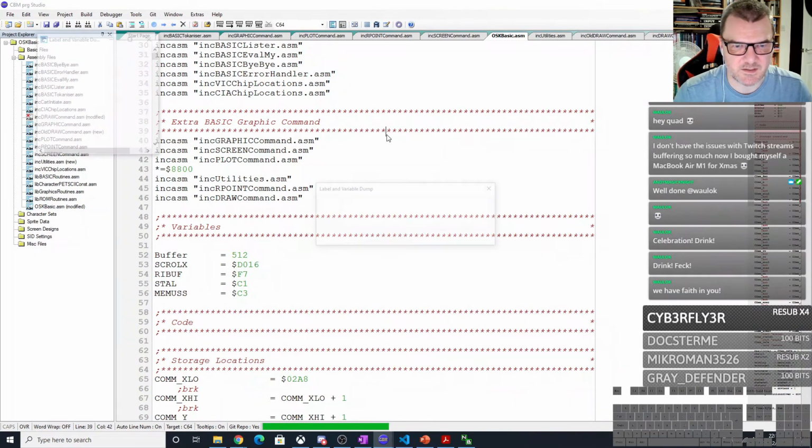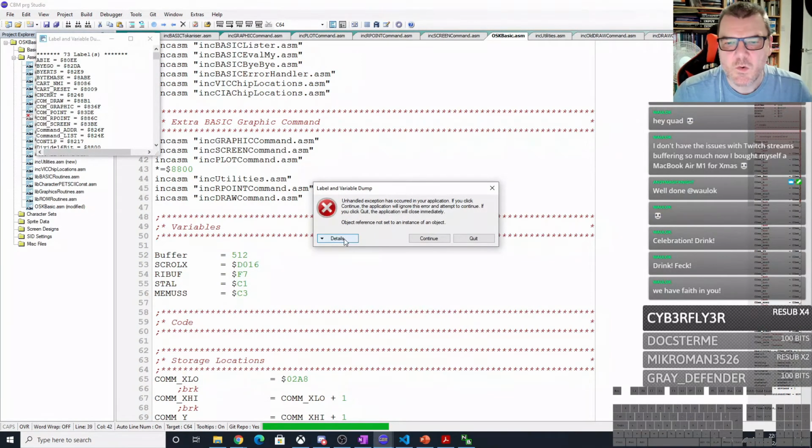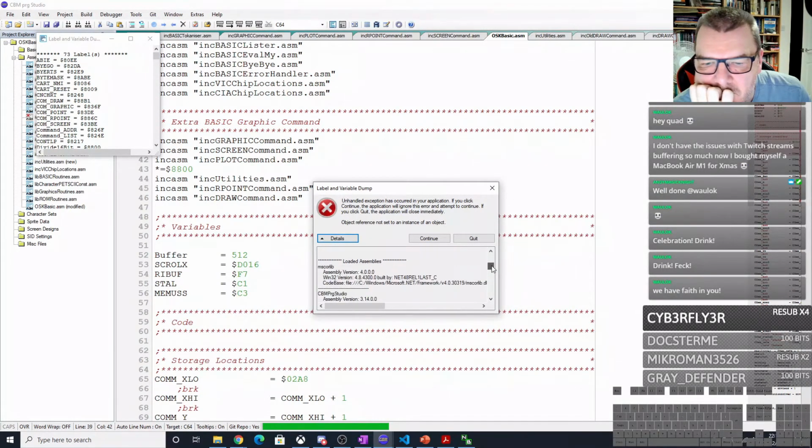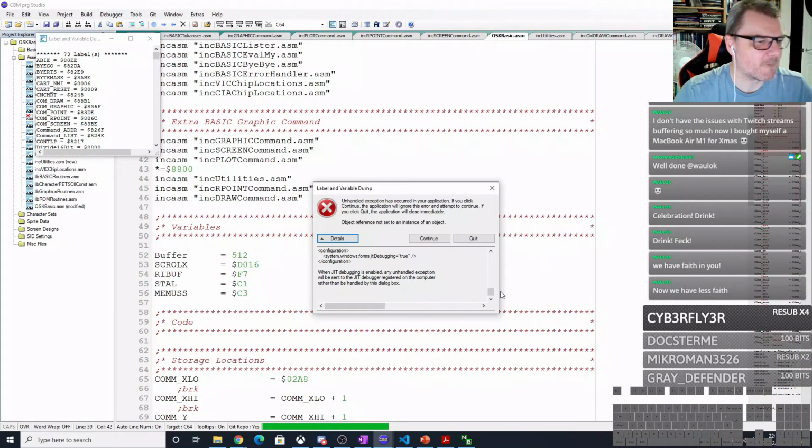So we got the straight lines because everything... Ooh, what was that? That was a big boom.